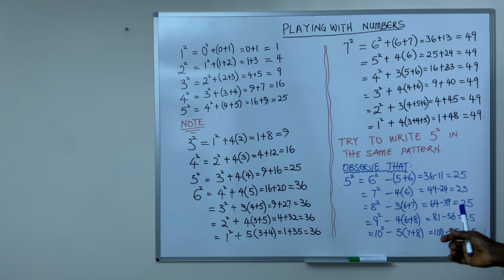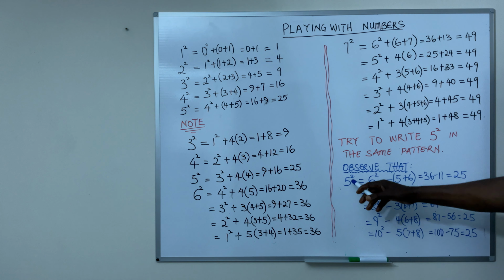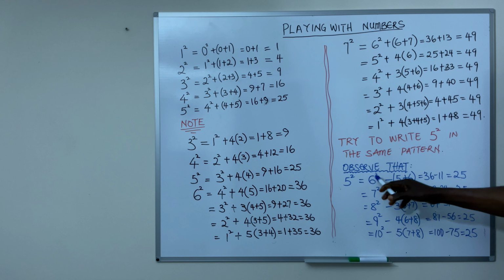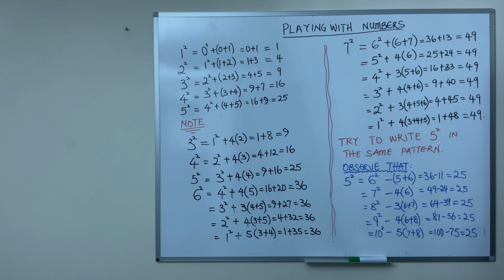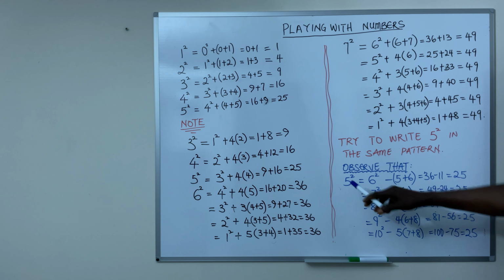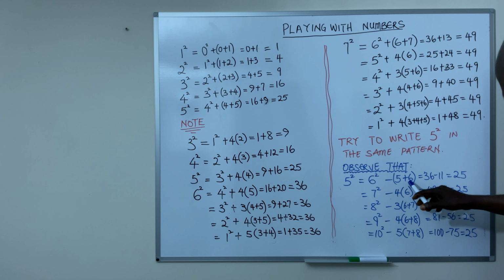So this time around, subtraction will have to come in. 5 squared will now give us 6 squared minus 5 plus 6. The number 5 and 6, the next number. And that gives us 36 minus 11, which gives 25.